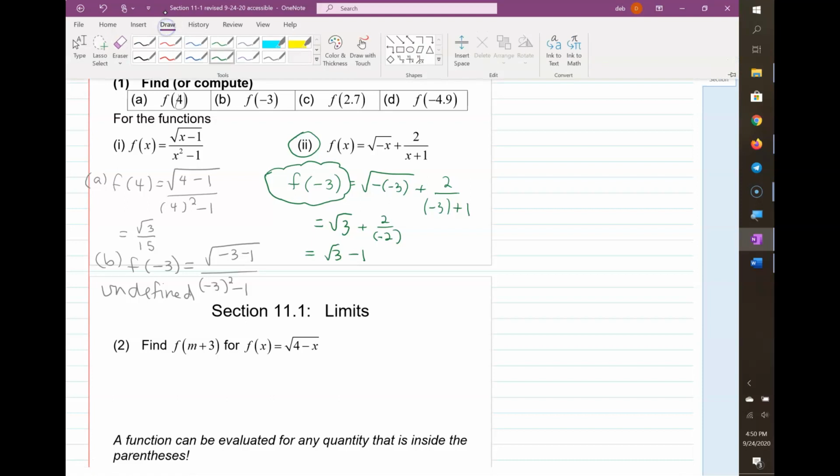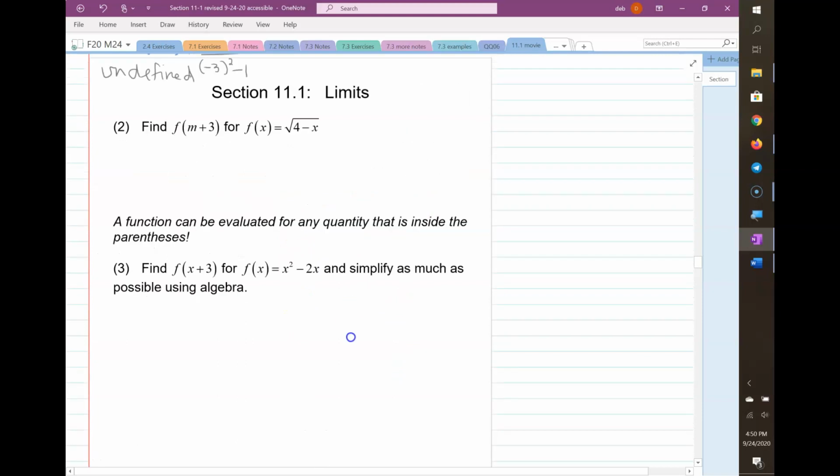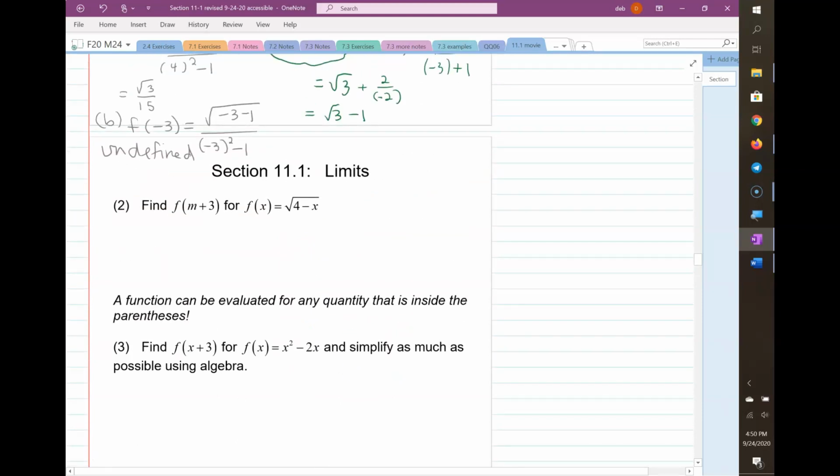Okay, then another thing I want to refresh your memory about is when I want to evaluate a function at something that's not a number, I can evaluate it for any algebraic expression. And it says wherever you see x, replace it with what is inside the parentheses. So I would have the square root of 4 minus the quantity m plus 3. So really you can think of this function as instructions.